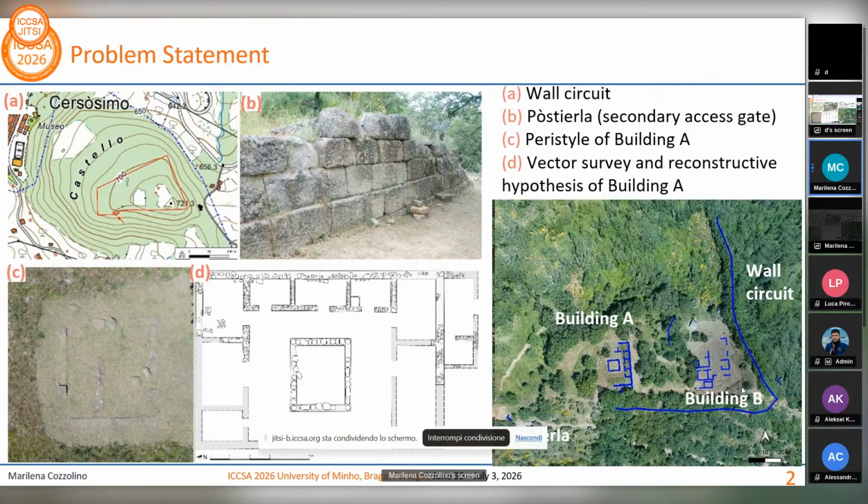In the frame of an agreement between the University of Molise and the municipality of Cersosimo, we started a project that is in the preliminary stages.